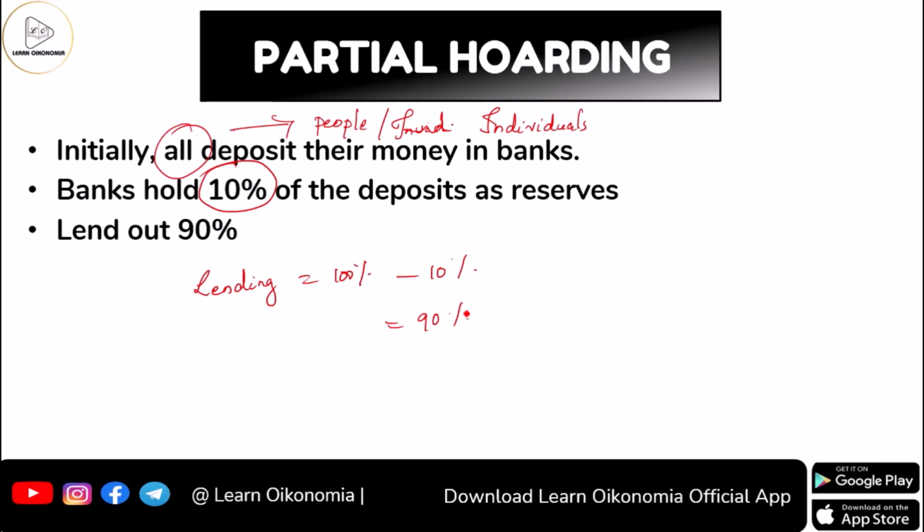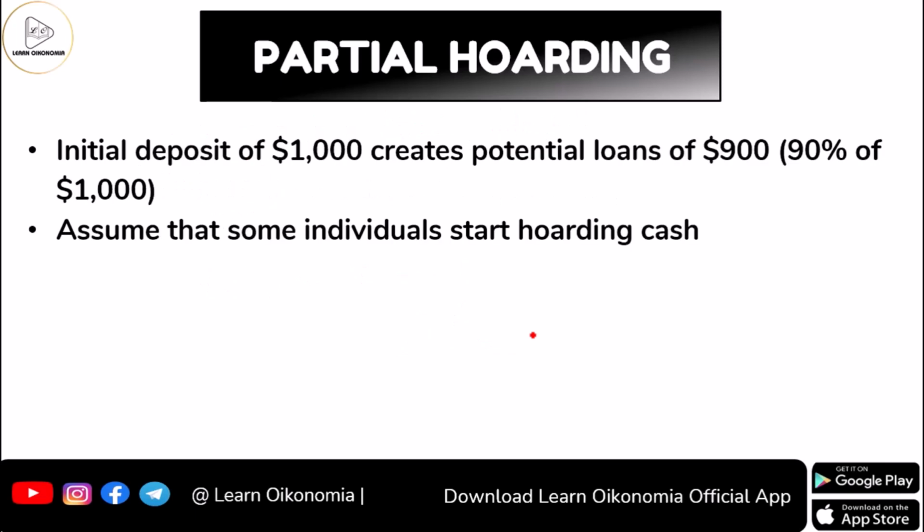So the bank would be able to lend 90%. So for our initial money supply of $1,000, 90% of $1,000 would be $900 as loans.